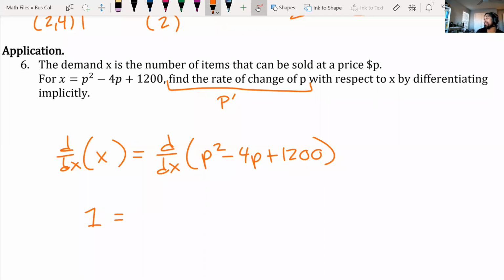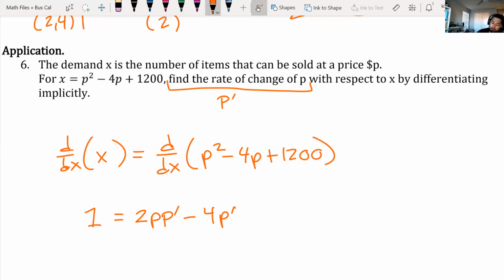And then the implicit derivative of p squared gives me 2p p prime, minus the implicit derivative of 4p, which is just 4p prime. And then the derivative of 1200 is just 0.